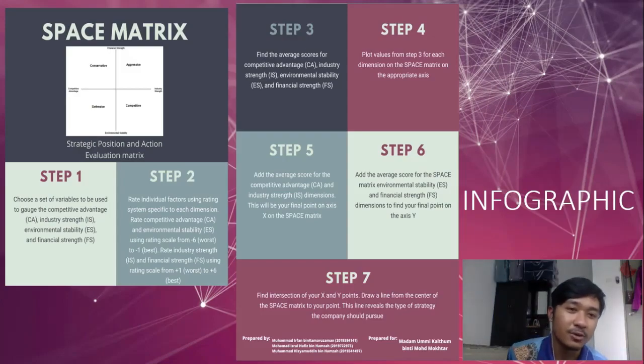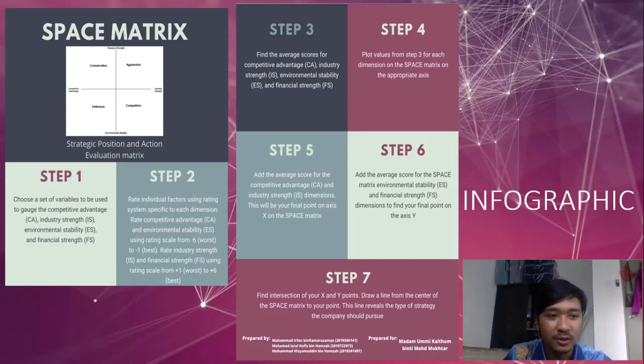Assalamualaikum warahmatullahi wabarakatuh, and hi everyone. My name is Muhammad Rafi Biamzah, and I will explain how to build the SPACE matrix. First of all, we need to choose a set of variables to gauge competitive advantage, industry strength, environmental stability, and financial strength. For financial strength, we can use return on investment, leverage, liquidity, working capital, and cash flow.